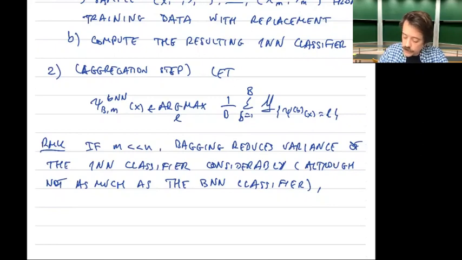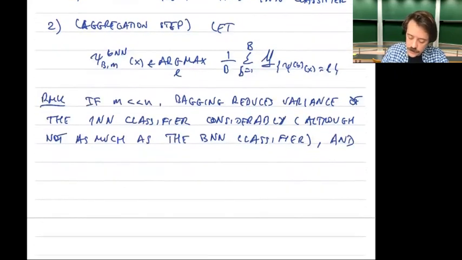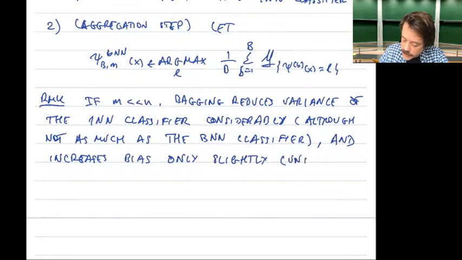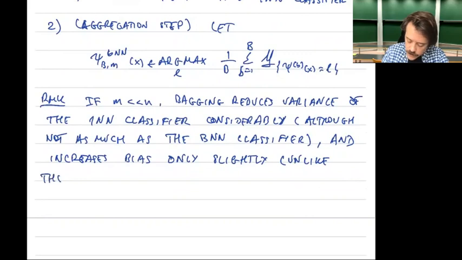So the bagged classifier increases the bias only slightly, unlike the BNN classifier.